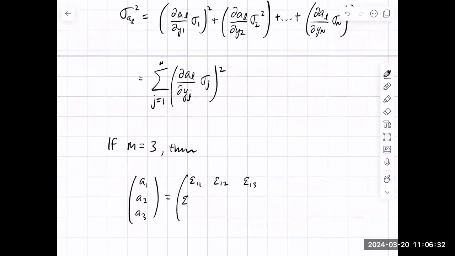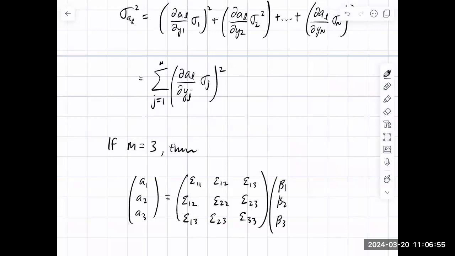It's symmetric, so whether you write 2,1 or 1,2 in these positions doesn't matter. And then 2,2, this would be 2,3, this would be epsilon 1,3, 2,3, and then 3,3. And then we would have our elements of the beta matrix.